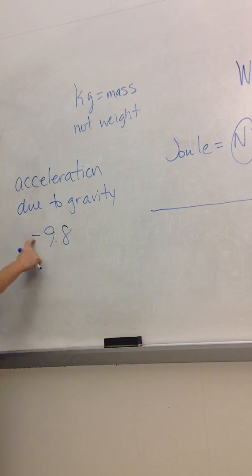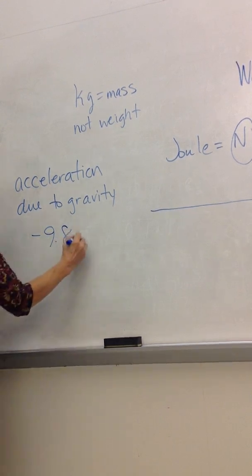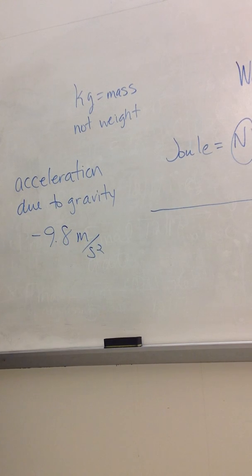The negative is indicating the direction. Gravity is pulling down toward the center of the earth, and it's negative 9.8 meters per second squared. So if you really want weight and you're given kilograms, you multiply your kilograms by negative 9.8 to get the true force that would be its weight.